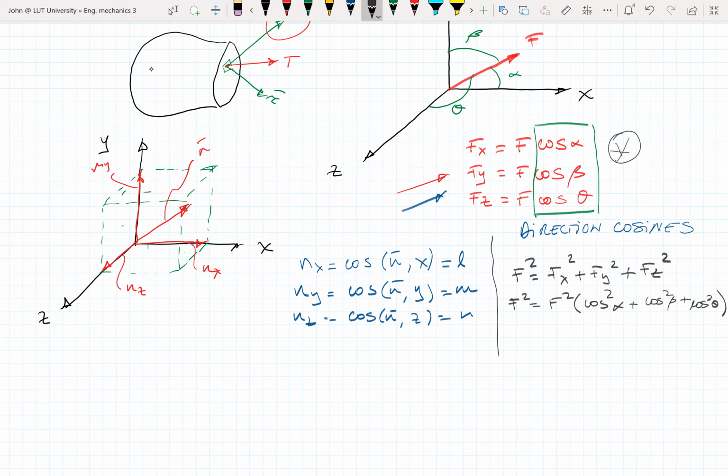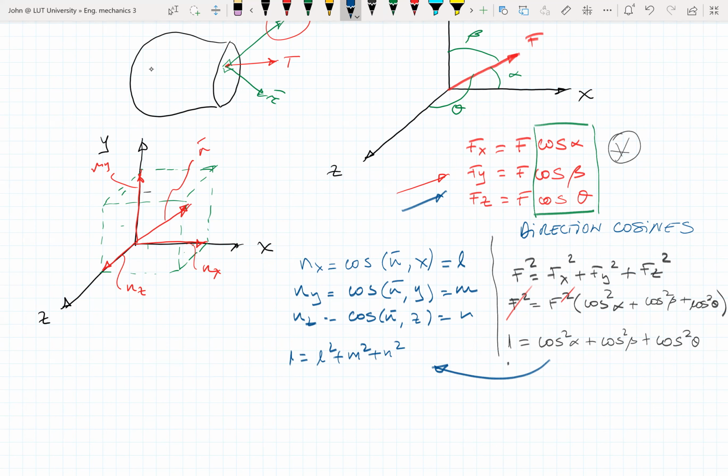Now, I could keep simplifying this and simplify this f squared and say that 1 equals cosine square alpha plus cosine square beta plus cosine square theta. By similitude, in this case, this could be represented as 1 equals L squared plus M squared plus N squared.